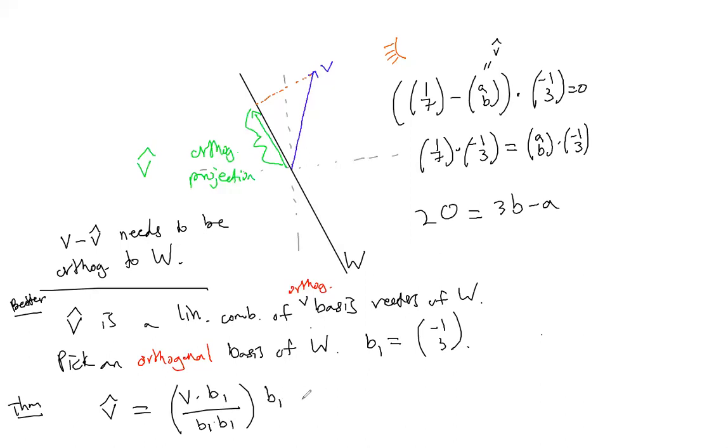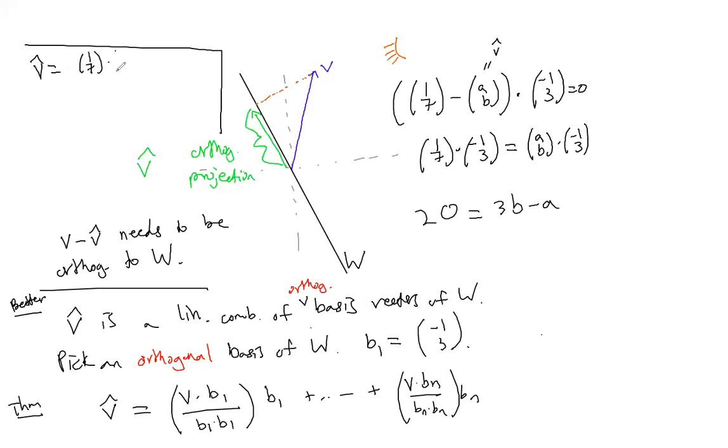So in general, you might have some more things, but in this case, we only have one basis vector. So for us, we can just plug this in. So let me do that over here. V hat equals V, which was (1, 7), dot B1, which is (-1, 3), over (-1, 3) dot (-1, 3), times (-1, 3).